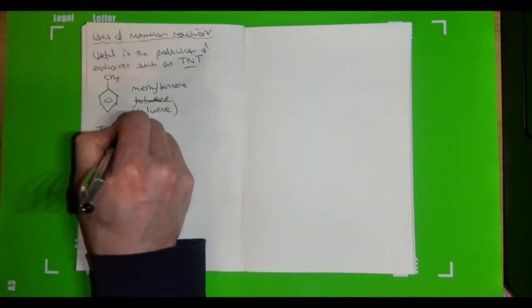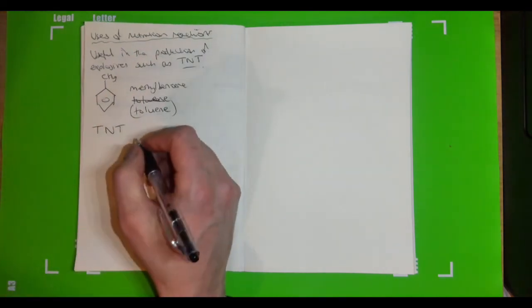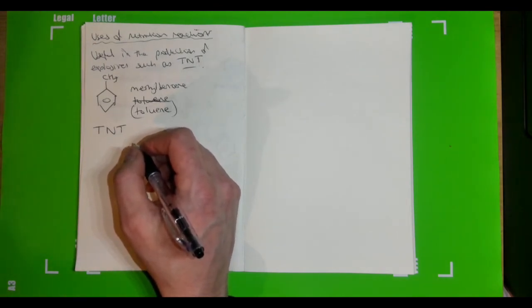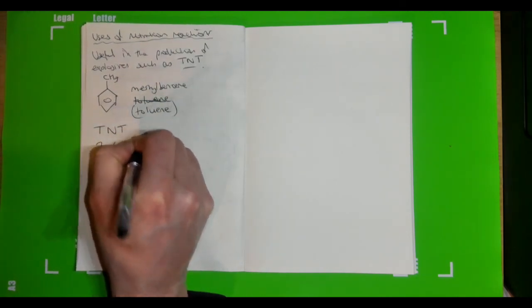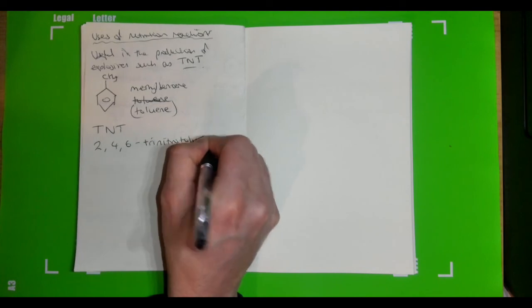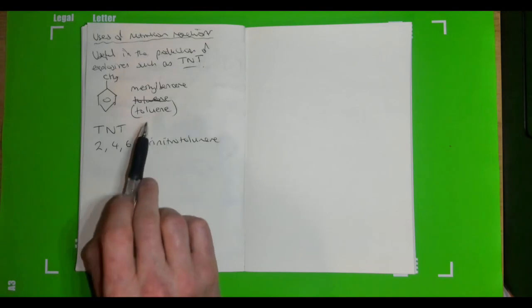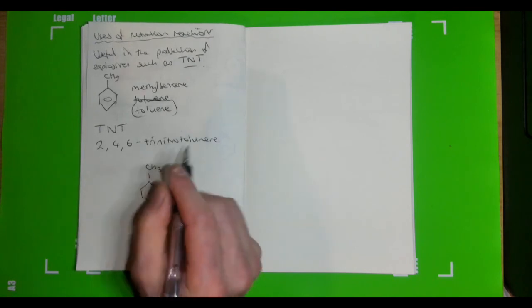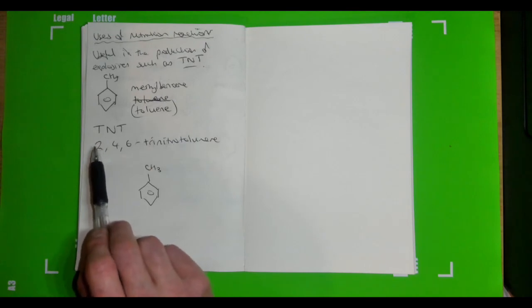TNT stands for trinitrotoluene, or I should say 2,4,6 trinitrotoluene to be precise. So if toluene is that, then 2,4,6 trinitro means I have nitro groups on carbons 2, 4 and 6.